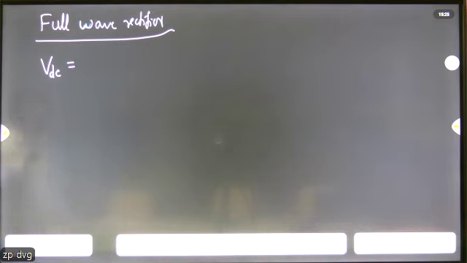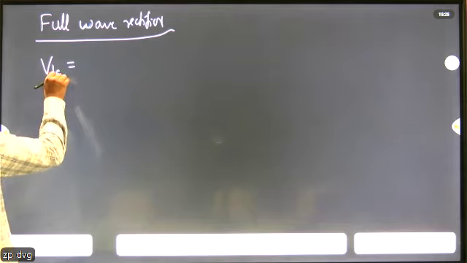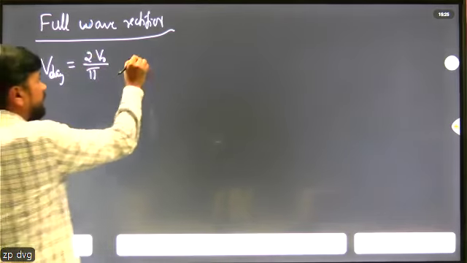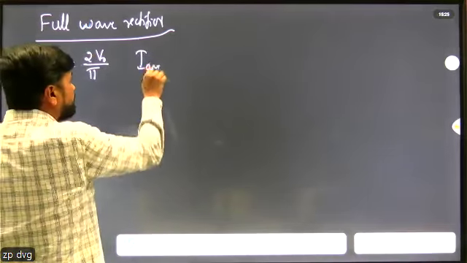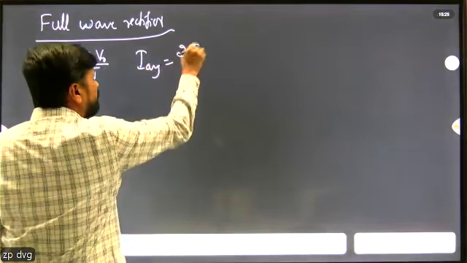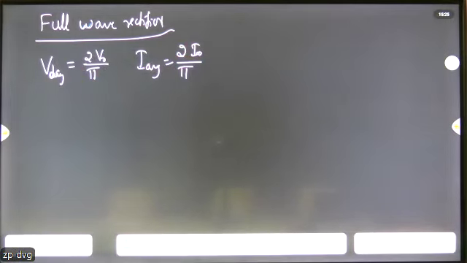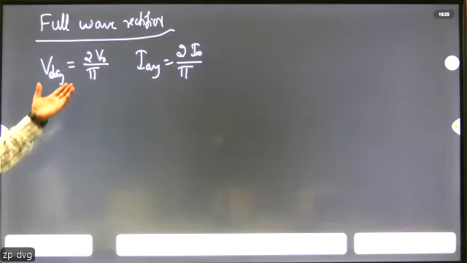V average is equal to 2 V naught by pi, and I average is equal to 2 I naught by pi. The average output voltage and current is given by 2 V naught by pi and 2 I naught by pi.